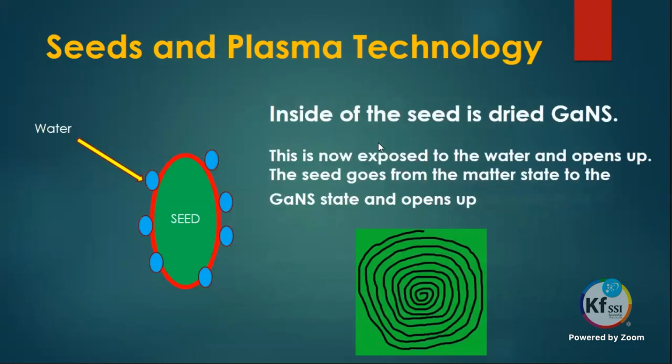And now with the dried GANs being exposed to the water, it opens up, and so essentially the seed goes from matter state to the GAN state, and we get the whole germination process happening. So it's the addition of the water to the seeds, which is that final key interaction to basically break through those layers.